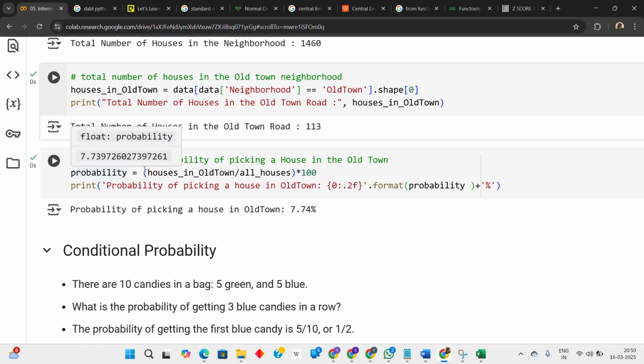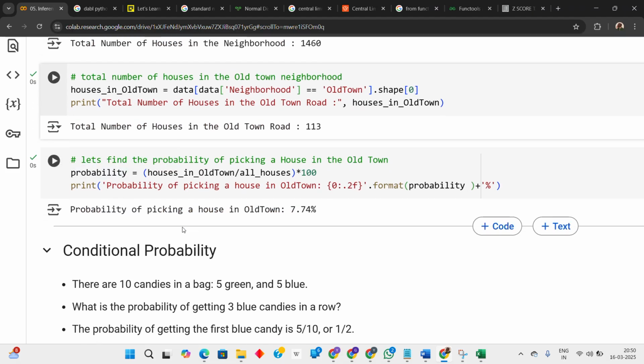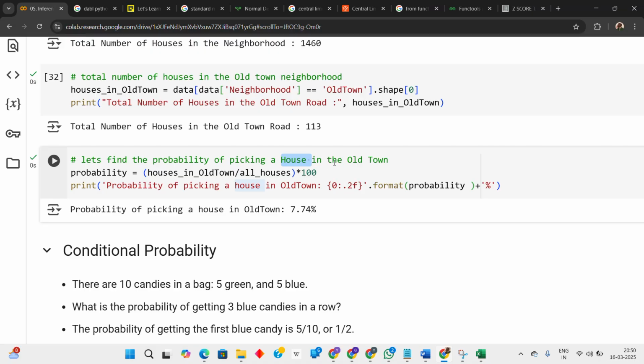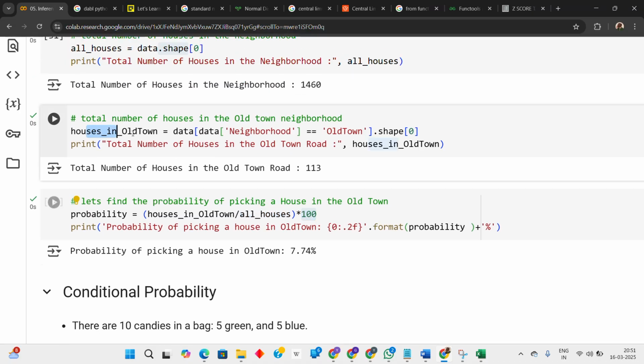And probability. Let us find the probability, for example, of picking a house in Old Town. Picking a house in Old Town means, first of all, you should know how many favorable outcomes, houses in Old Town, and then divide by the total number of houses. Then multiply by 100 to give you the probability. See, for Old Town, just now we discussed, the favorable count is 113.